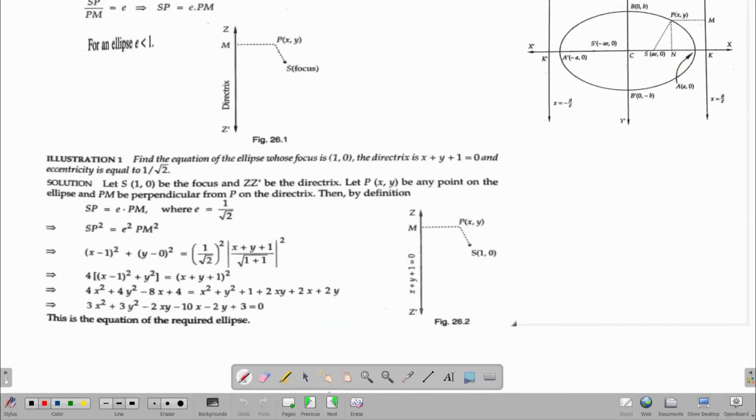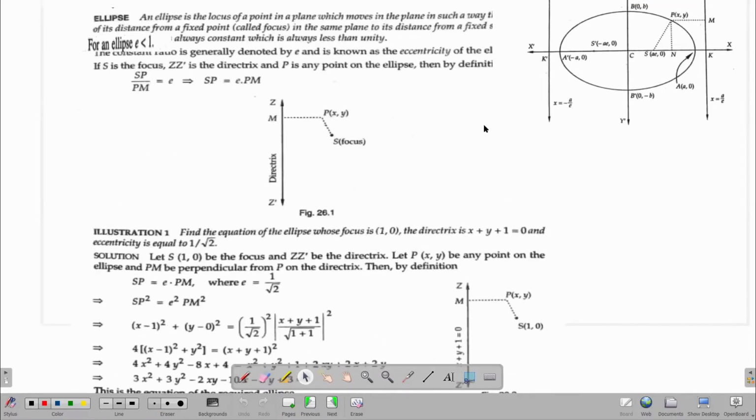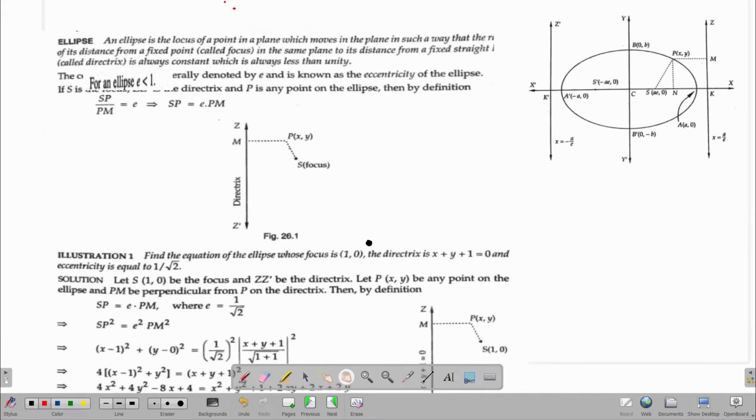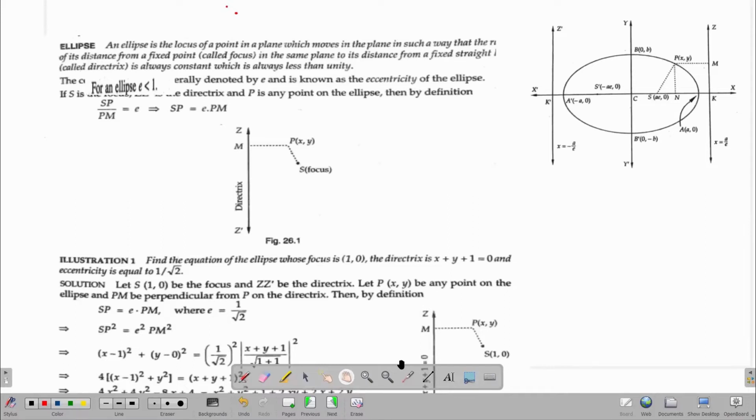Now next, these are the definitions of the ellipse, which is a very important concept. We have two definitions, and the first definition is written here.